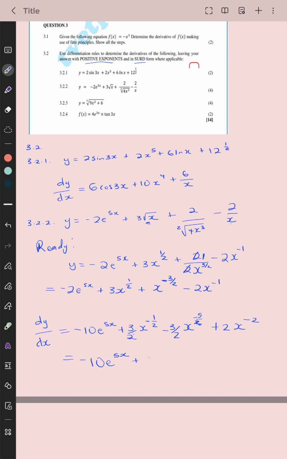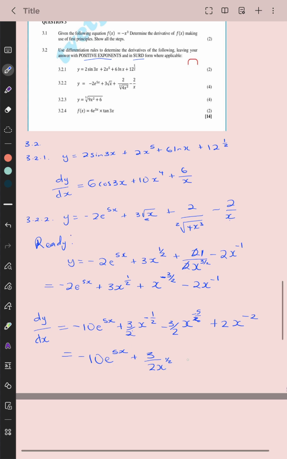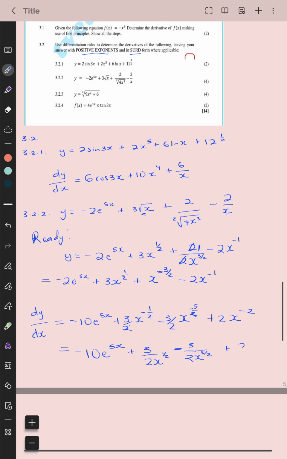It will be plus 3 over 2, then the x comes to the bottom, x power half. Same here, x power 5 over 2, plus 2 over x squared. We are done with the positive exponents.